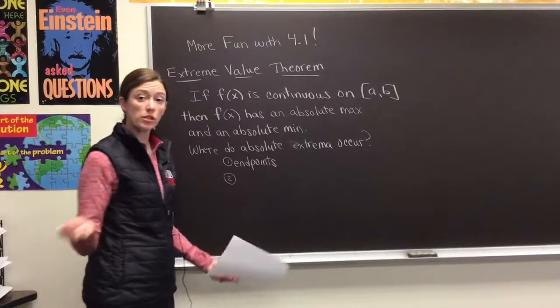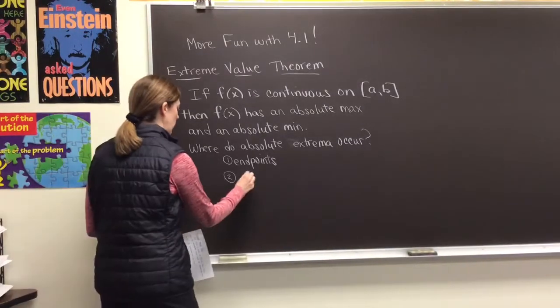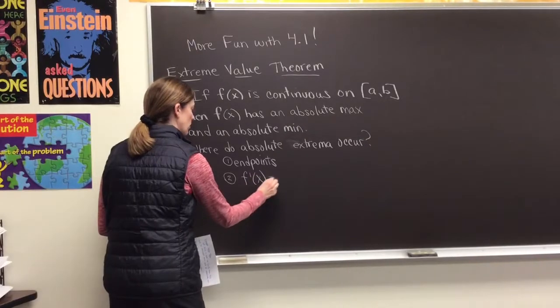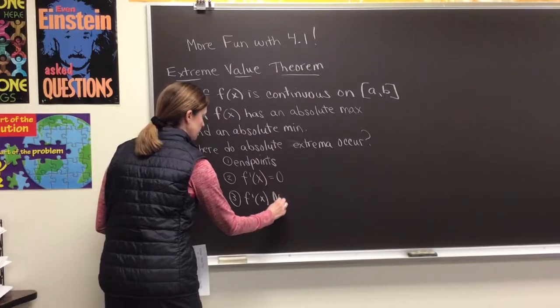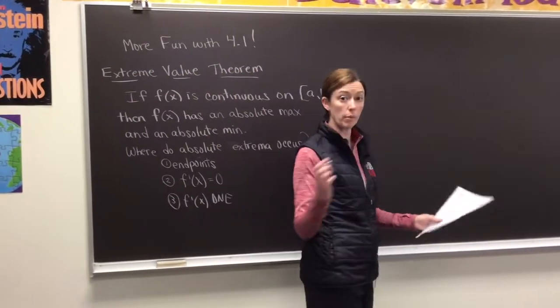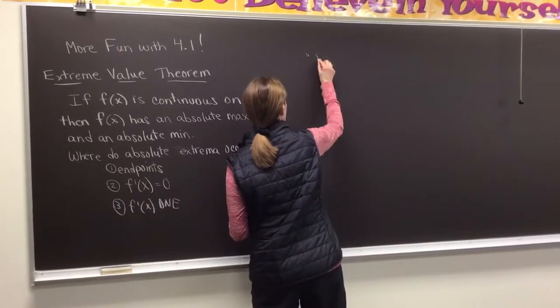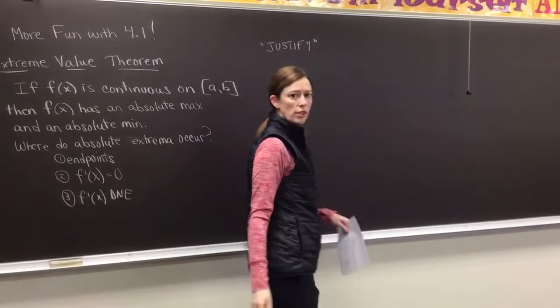If we're in the applications of derivatives chapter, we should probably check the derivative. Okay, good idea. Maybe the derivative is 0, or maybe the derivative does not exist. Now, if you see the phrase justify on the AP exam, what does justification look like?